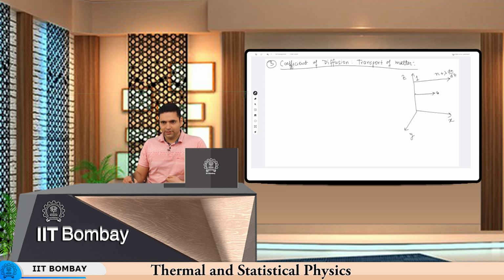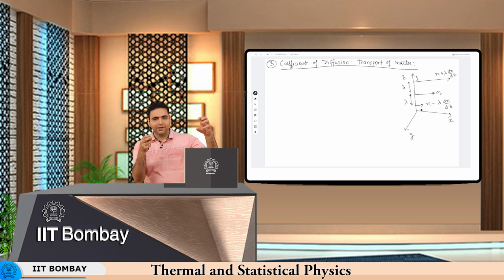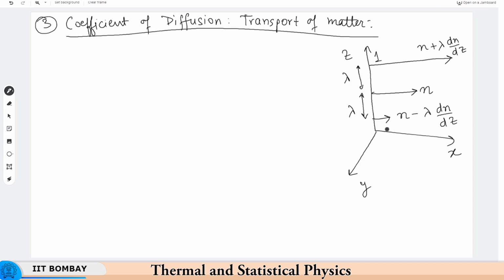In plane 2 the density is n, and in plane 3 the density is n minus lambda dn by dz, and the typical spacing between these planes is lambda. Okay.